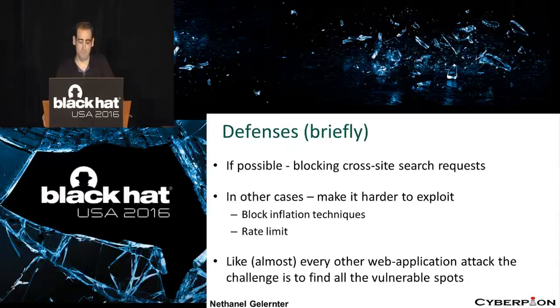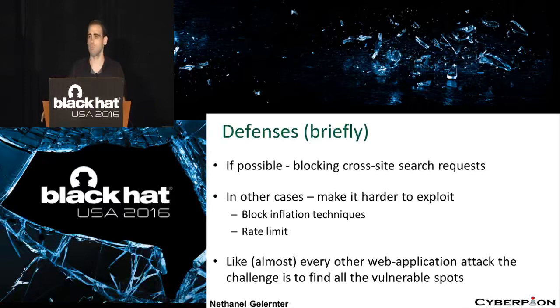So, two slides left, and let's talk about defenses very briefly. If possible, try to block cross-site search requests. If you can't, try to block inflation techniques and apply maybe other restrictions like rate limits or other things. But actually the real challenge is not to block a given vulnerability.